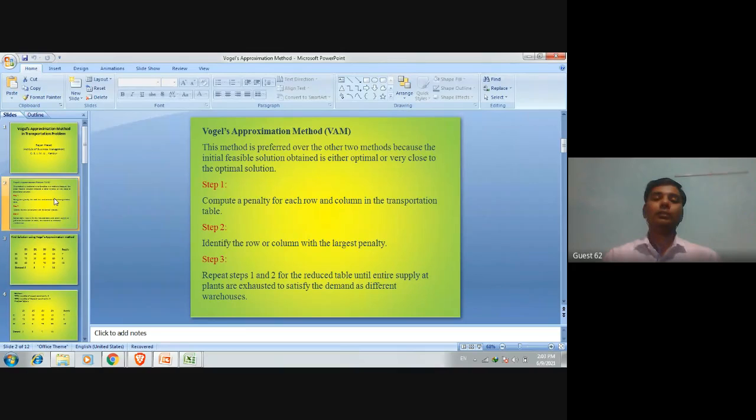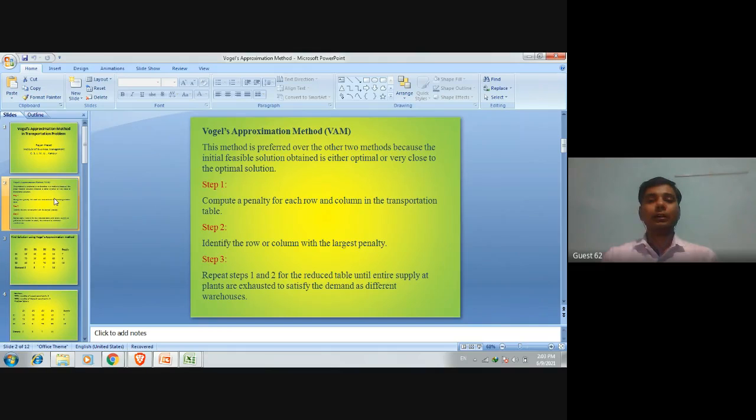and one thing more, the total transportation cost obtained by the VAM method is more optimal than the two other methods, that are the least cost method and the NWCM method. This method is also preferred over these two methods.